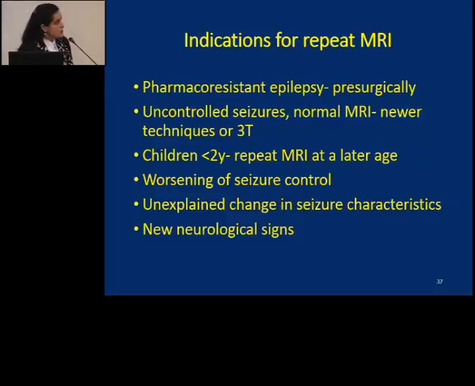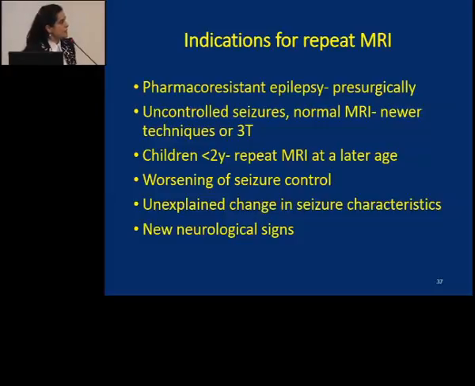And in every child younger than 2 years old, if we have some doubts and are not sure, it's good to repeat the MRI at a later age, just to be sure that myelination is proper for the age of the patient and that everything with the cortex is normal.